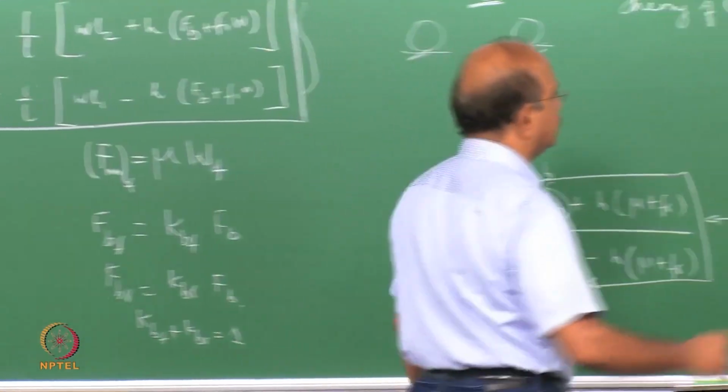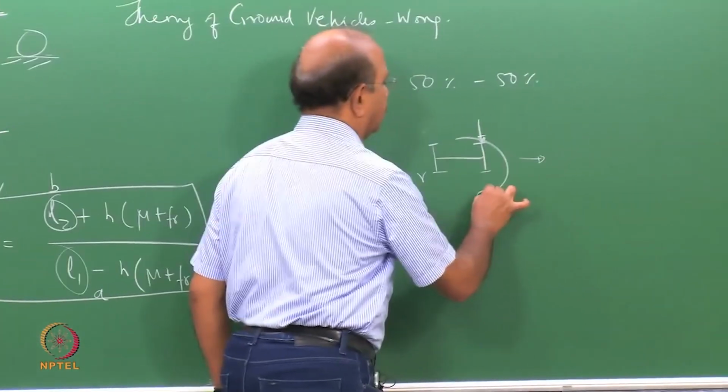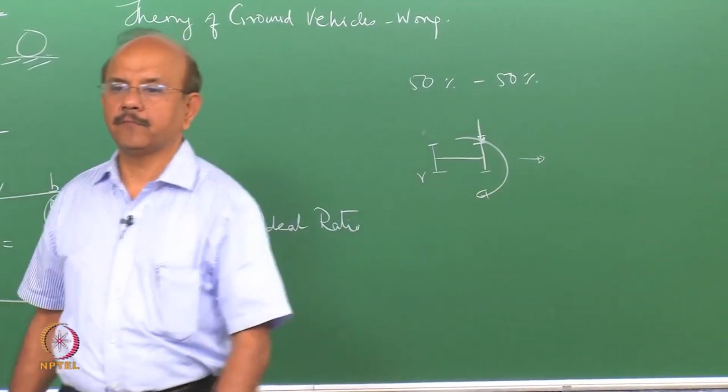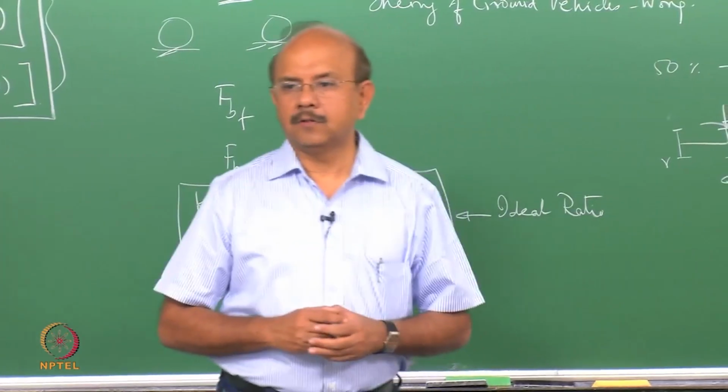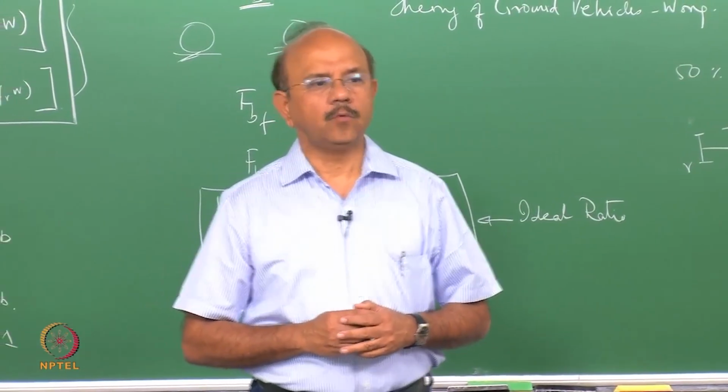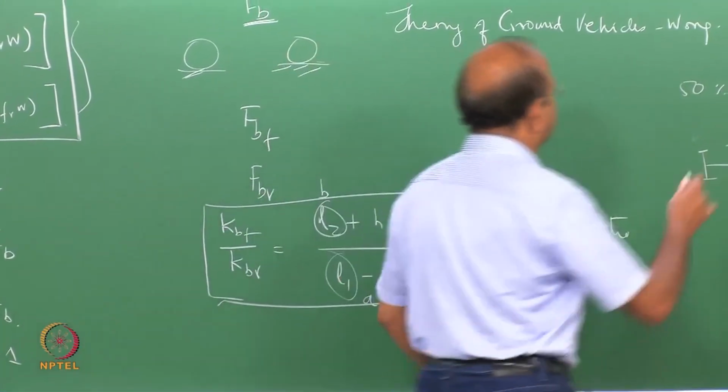So what happens? The vehicle starts spinning, or in other words, the vehicle loses what we would call the directional stability.